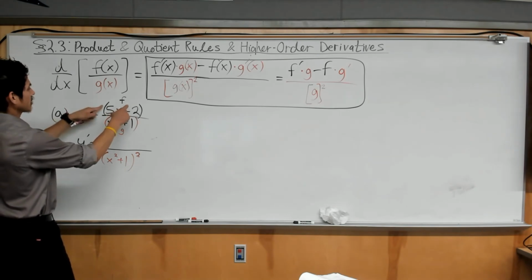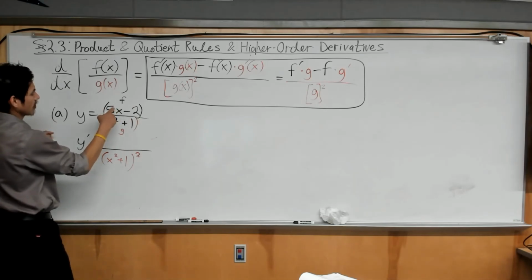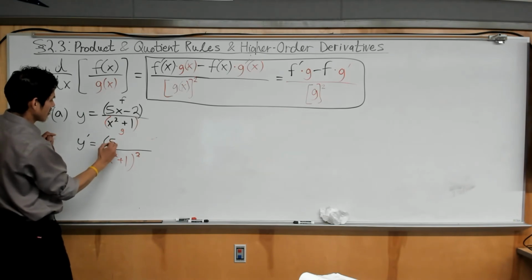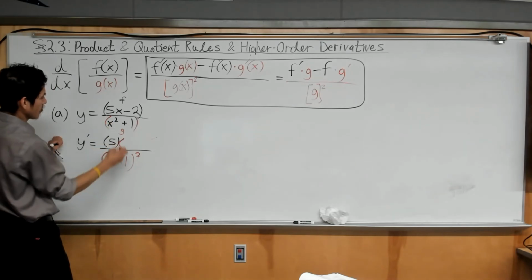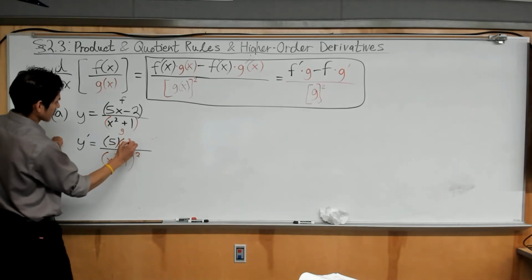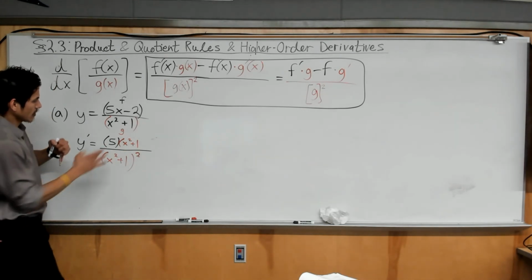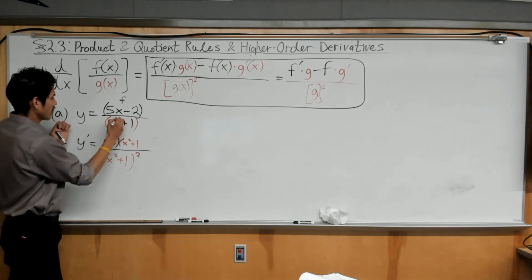Here, take the derivative of the top, f prime of x. The derivative of 5x minus 2 will just be 5, multiplied by the bottom, x squared plus 1. Let me actually write this; let me just make the bottom like that.